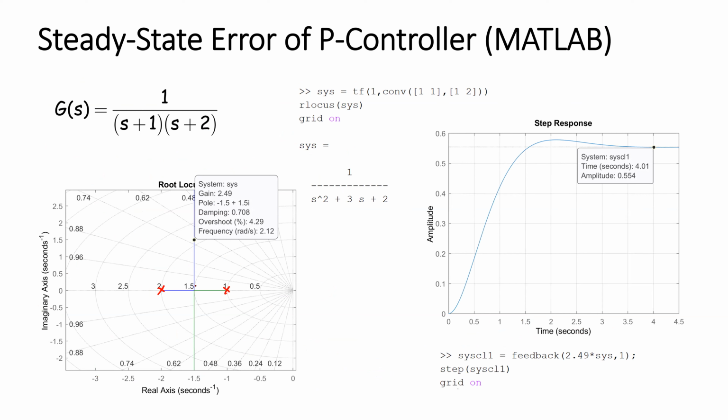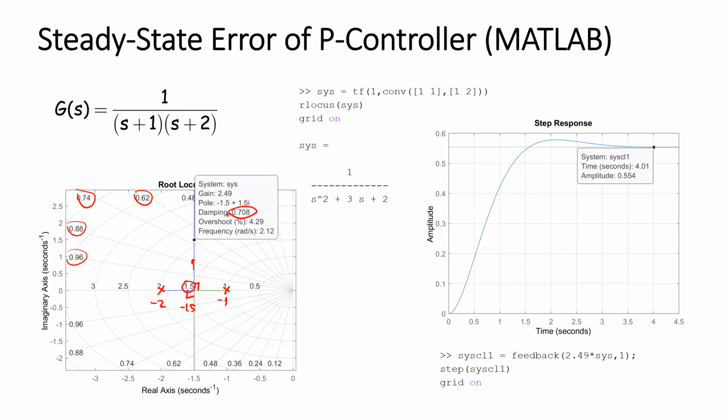The root locus of this system has two asymptotes at positive and negative 90 degrees, and the breakaway point is at -1.5, in the middle between -1 and -2. Along the root locus, the damping ratio decreases when the gain gets higher.